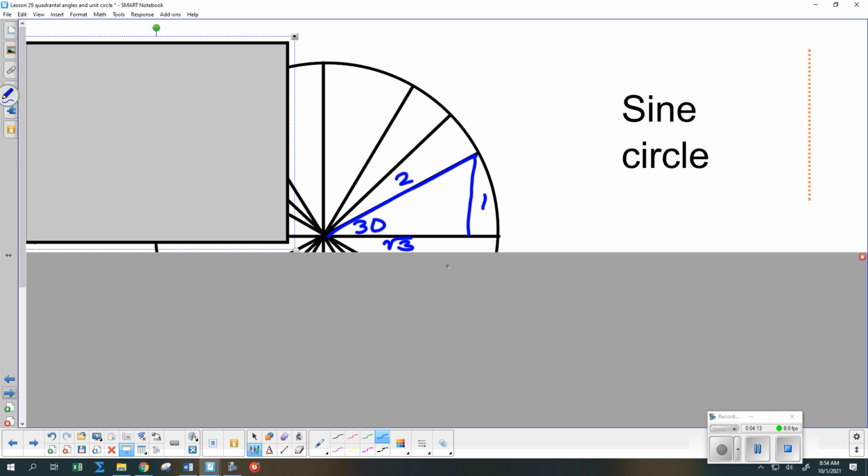What is the sine, opposite over hypotenuse, everyone? 1 over 2. So if I am at 30 degrees, and I just want to talk about the sine of 30 degrees, it would be positive 1/2, what we did the other day.